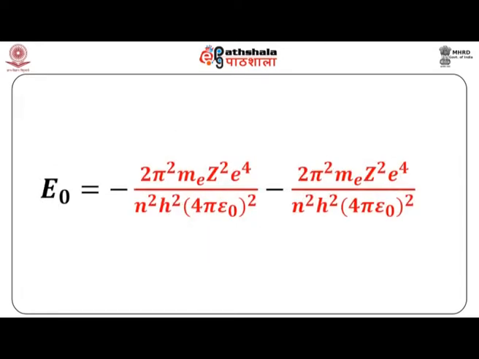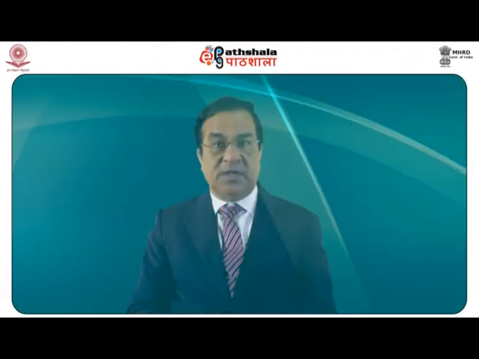As a result, the ground state helium atom energy, which will be equal to the sum of the one-electron hydrogen-like energies, is given by E0 is equal to minus 2 pi square m e Z square e to the power 4 divided by n square h square (4 pi epsilon 0) whole square. Again, the second term would also be the same. What does this mean?